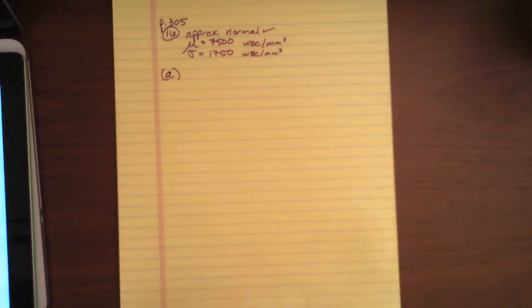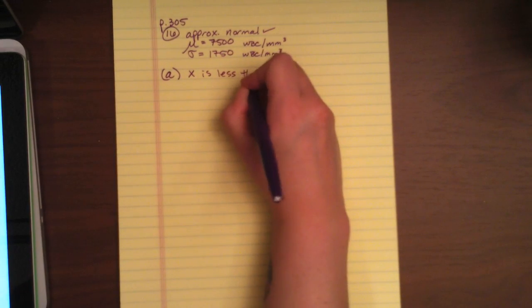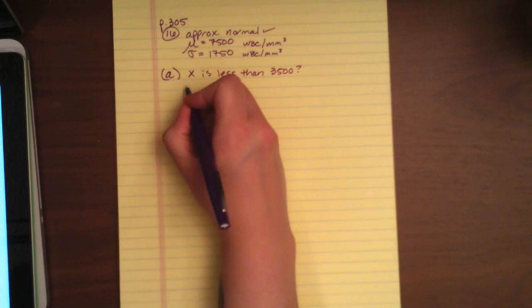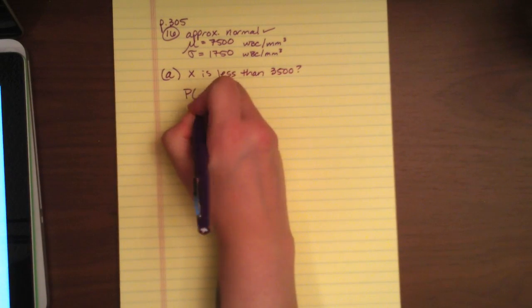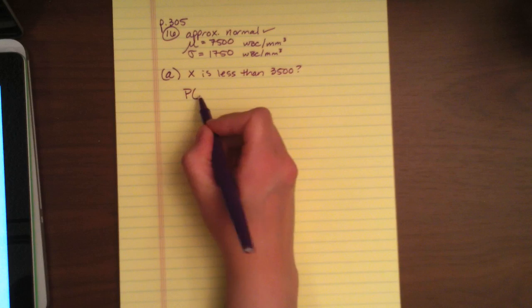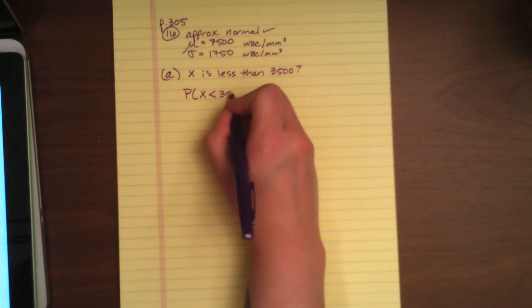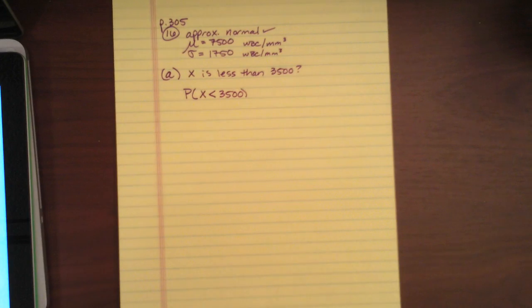So in part A, we're asked what is the probability that on a single test, X is less than 3,500? If I want to write this as a probability statement symbolically, I want probability of X being strictly less than 3,500.